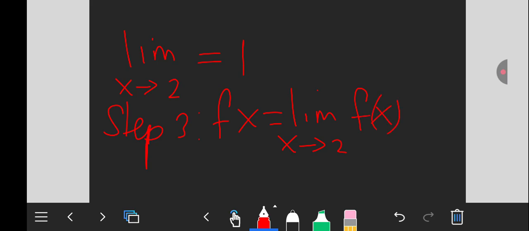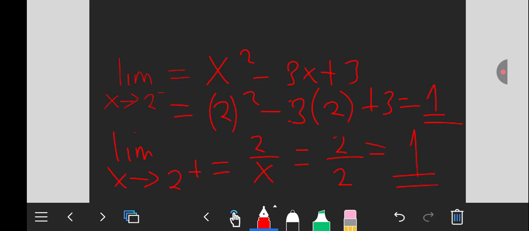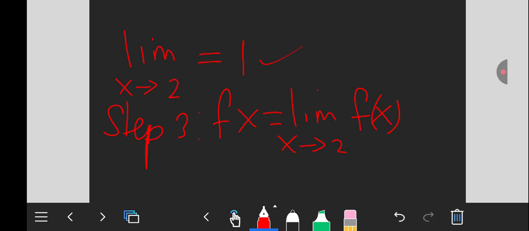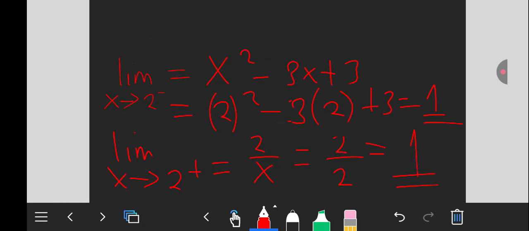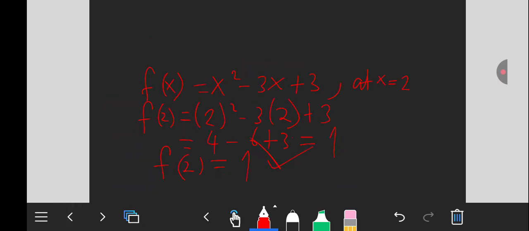Let's see the values we got. For the overall limit we found 1. What about f of x? For f of x we found 1, which is f of 2. We found 1.